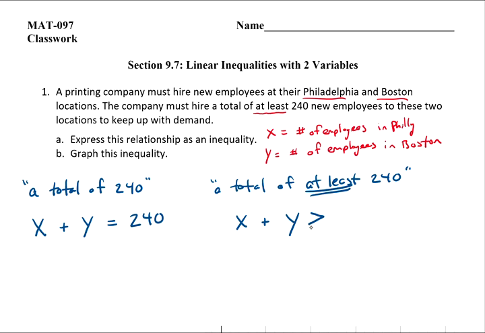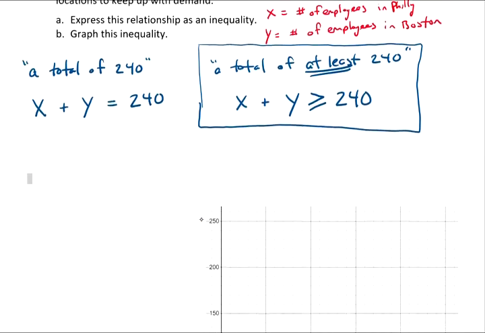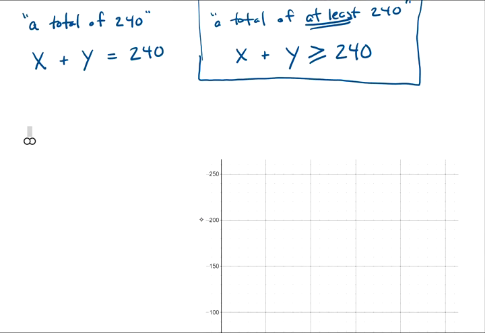So that's greater than or equal to 240. So in this case, this would be our inequality. X plus Y is greater than or equal to 240. Okay, so now what we want to do is graph this inequality.